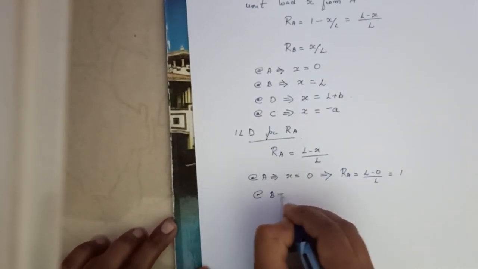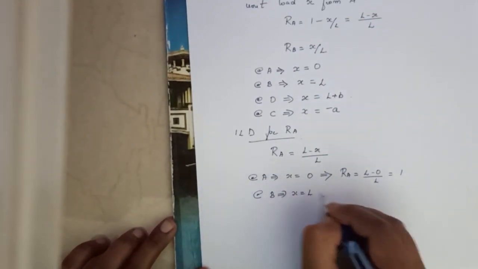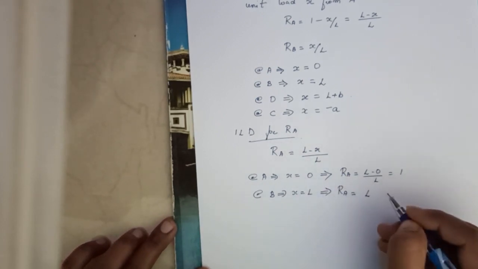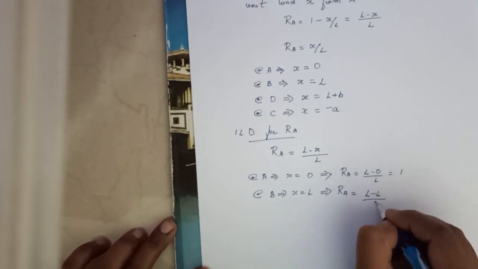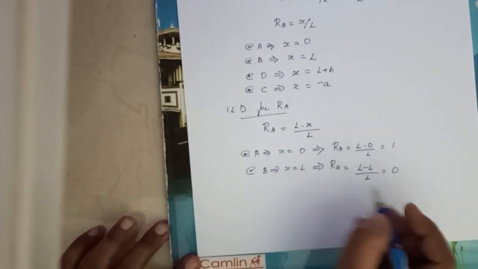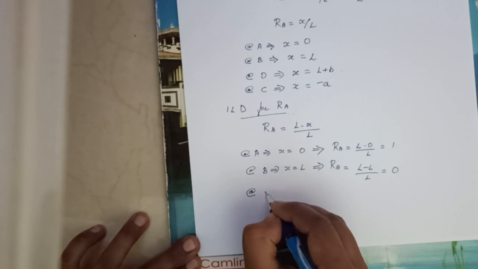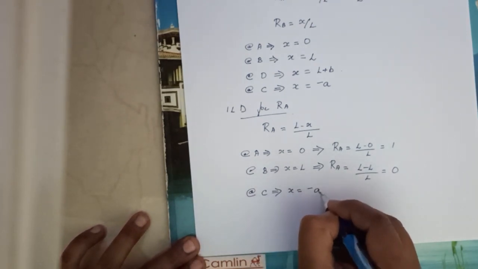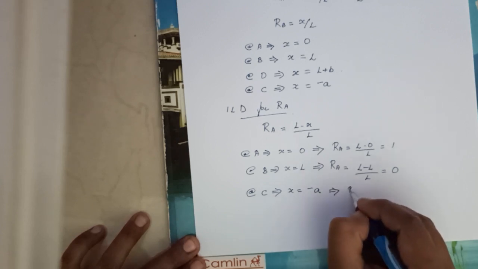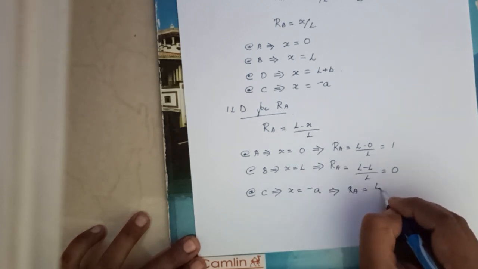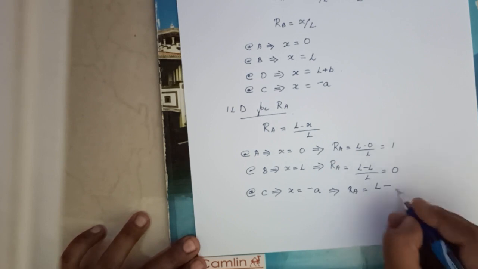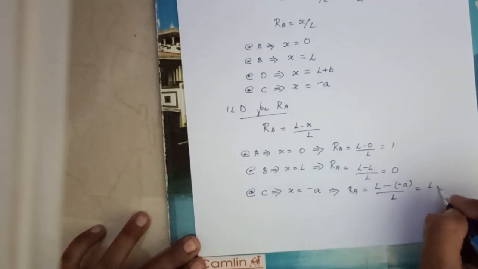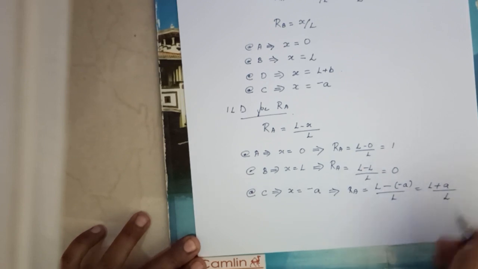At B, x is equal to L. Therefore, RA value will be equal to L minus L by L, which is equal to 0. At C, x value is equal to minus a. Therefore, RA value will be equal to L minus minus a by L, which is equal to L plus a by L.